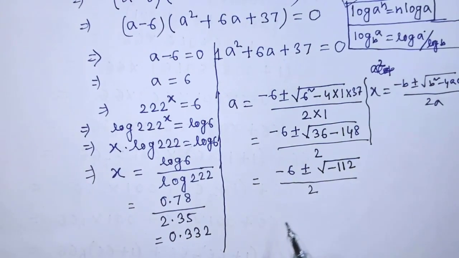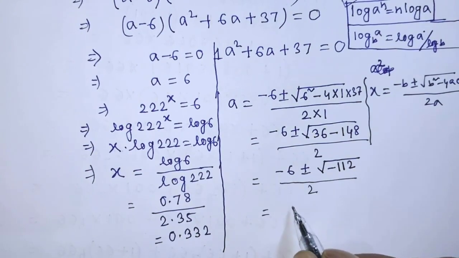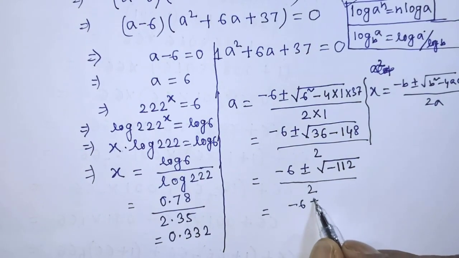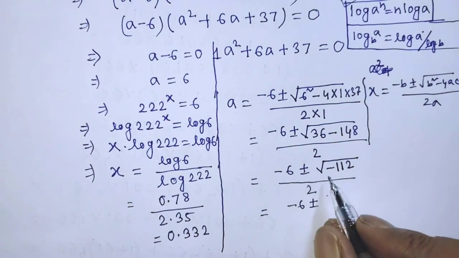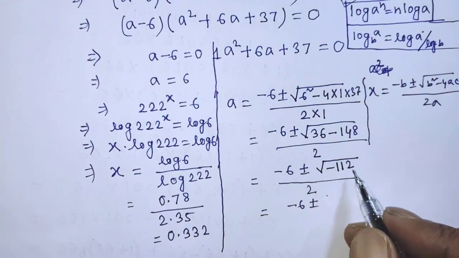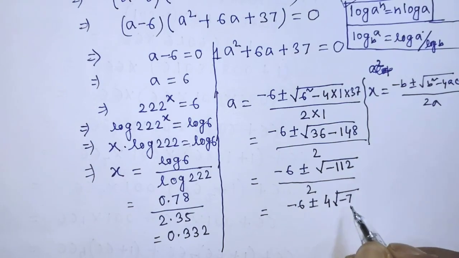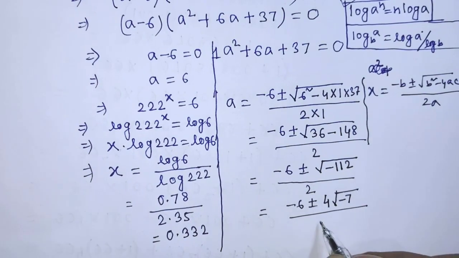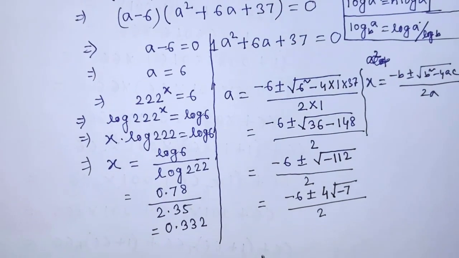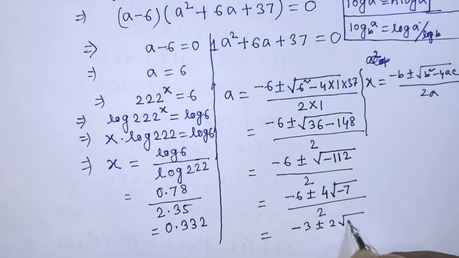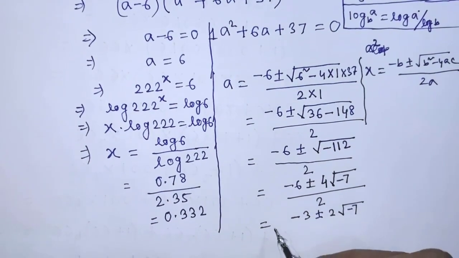It will be -6 ± the square root of -112, which will be 4 times square root of -7, over 2. So it will be -3 ± 2 times square root of -7.